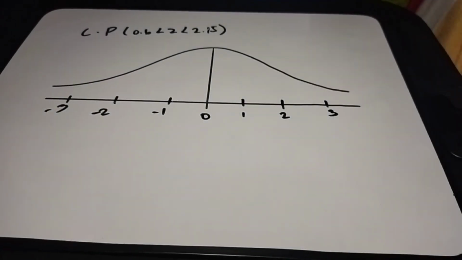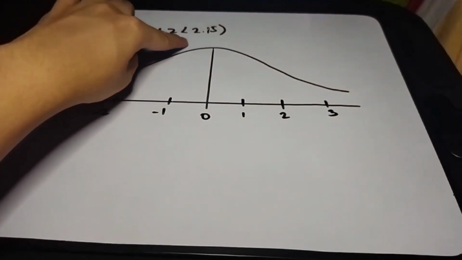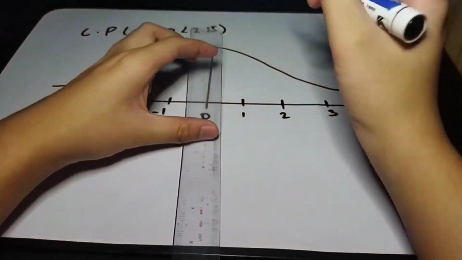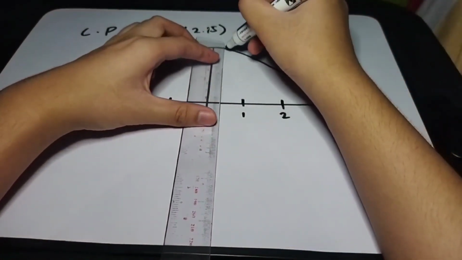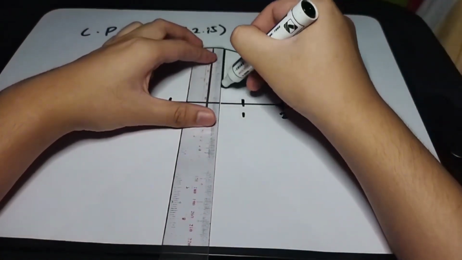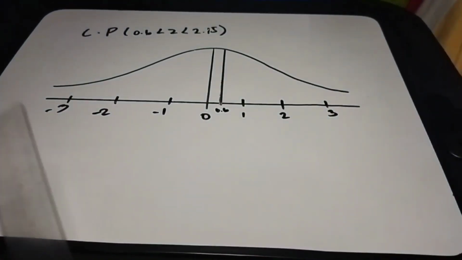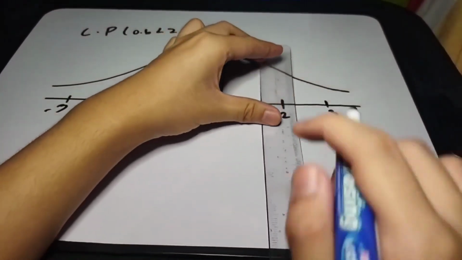So, for our third example, we need to find the probability that is between 0.6 and 2.15. Before anything else, let us mark it first. We can say that the 0.6 is here, just before the 1. And 2.15, maybe we could put it here.